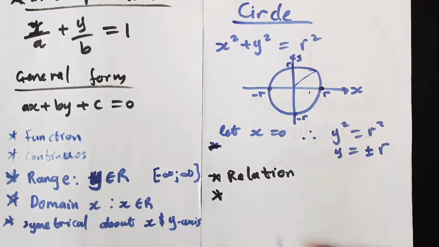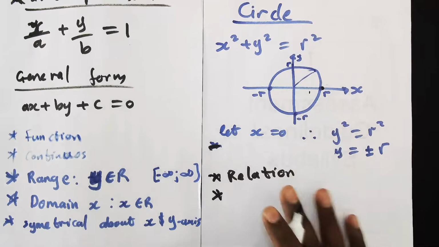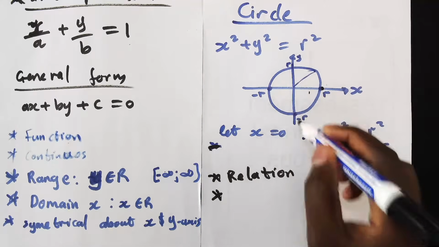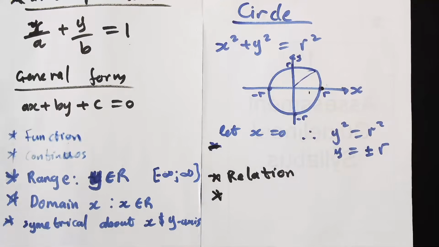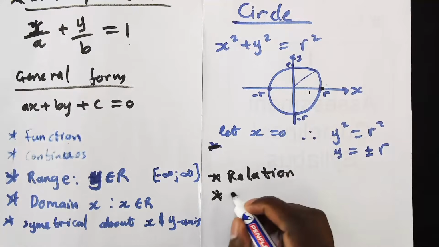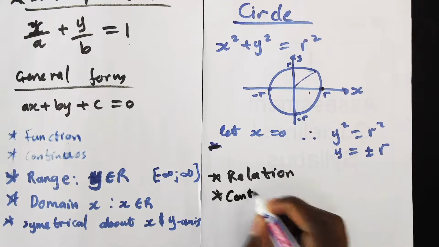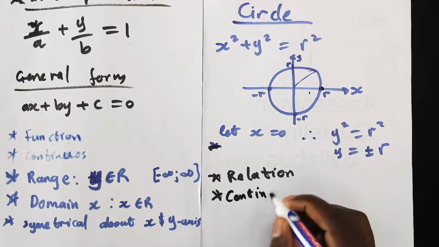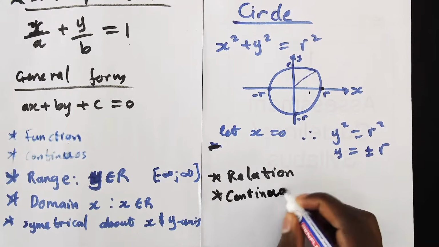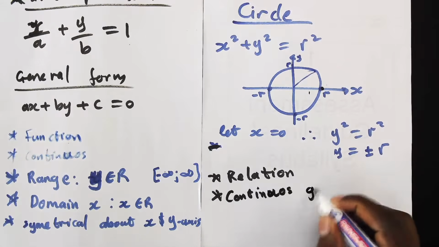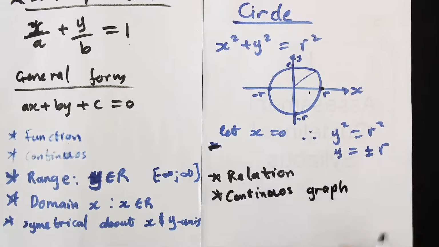A discontinuous one is when you draw and then you have to lift up the pen and redraw another shape or another section. So this is a continuous graph, a continuous relation.